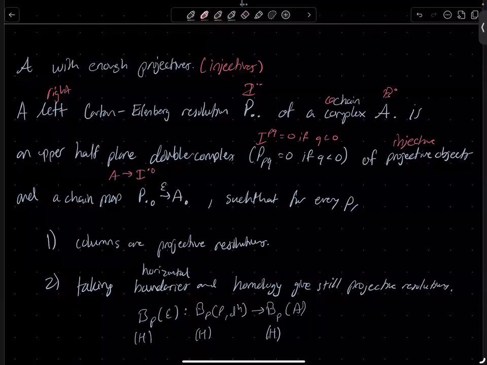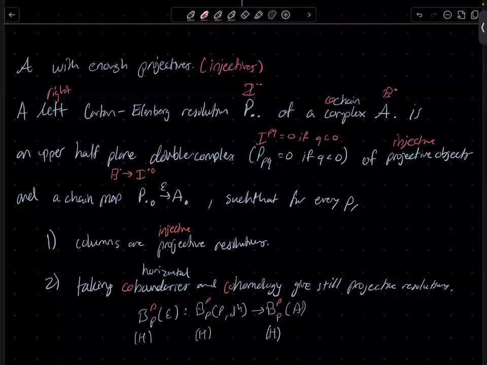It should be A into this, or B into that. And then such that for every P, you still get injective resolutions at each column, and then you can take coboundaries and cohomology. So you can put all these things here and it would work out the same way. So, okay, fine.